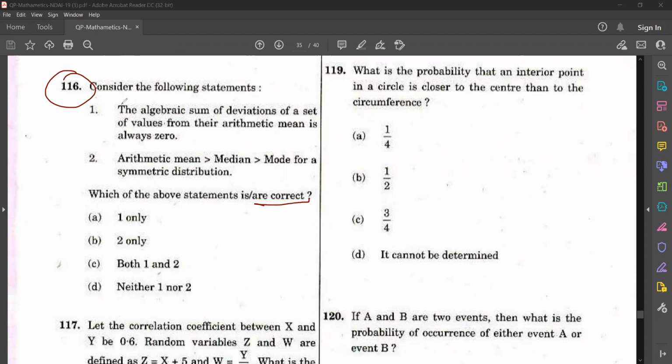Statement 1: Algebraic sum of deviations of a set of values from their arithmetic mean is always 0. Statement 2: Arithmetic mean is always greater than median, greater than mode for a symmetric distribution. Go through. Once you get the answer, comment which is the correct statement: 1 only, 2 only, both 1 and 2, neither 1 nor 2. Read out the sentence clearly and answer it. Comment your answer.